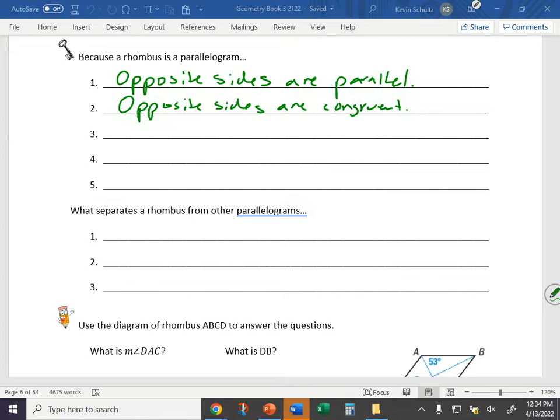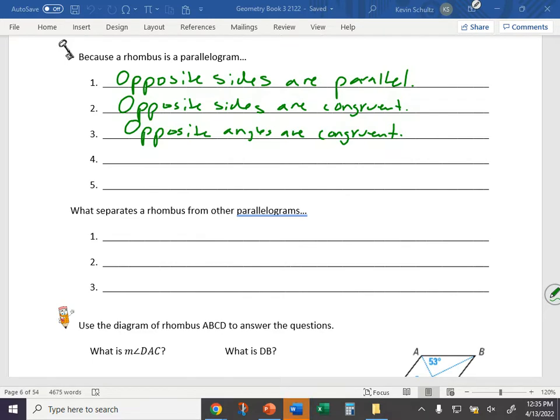Caleb? Opposite angles are congruent. Okay. We have one more to do with angles, and one to do with the diagonals. What else is true about the angles of any parallelogram? Adam?